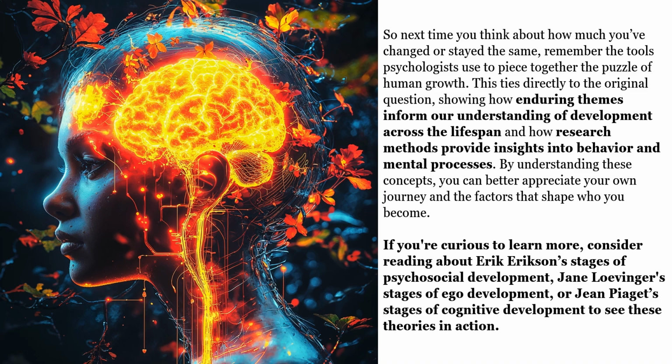By understanding these concepts, you can better appreciate your own journey and the factors that shape who you become. If you're curious to learn more, consider reading about Erik Erikson's stages of psychosocial development, Jane Loevinger's stages of ego development, or Jean Piaget's stages of cognitive development to see these theories in action.